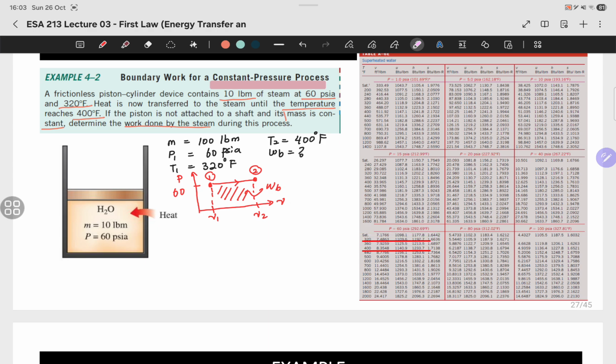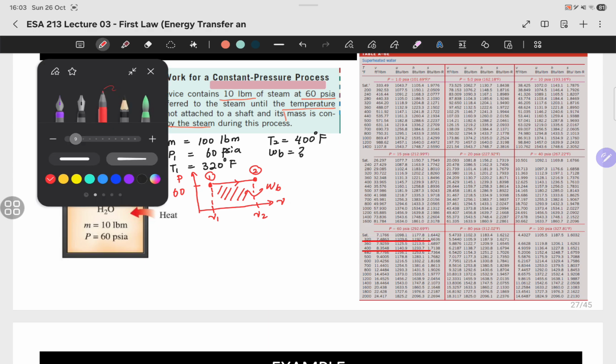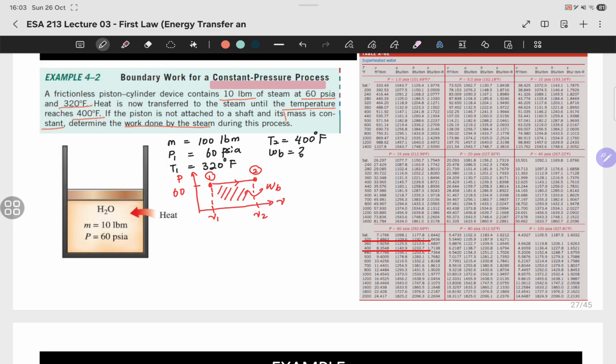We take the volume at P1, 60 psia, T1 at 320 degrees Fahrenheit. So we have V1 equal to, in column V, this value, 7.4863 feet cubed per pound. That is your V1.